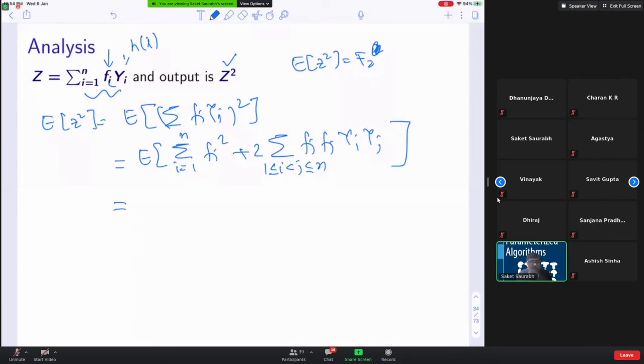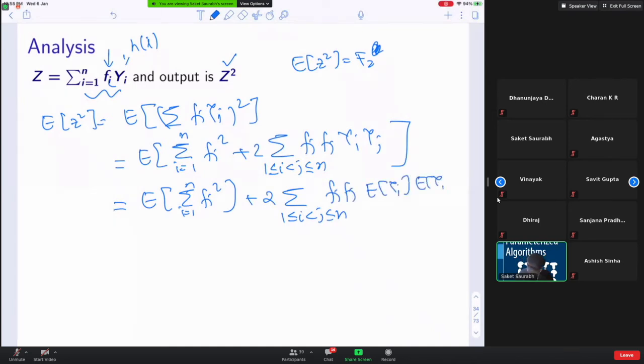But now you can apply linearity of expectation. This is the summation of Fi squared times the expectation of Yi squared, plus 2 times the summation of Fi Fj, expectation of Yi and expectation of Yj. Here we use the fact that our random variables are 2-wise independent, in fact 4-wise independent, so in particular they are 2-wise independent, to write it like this.